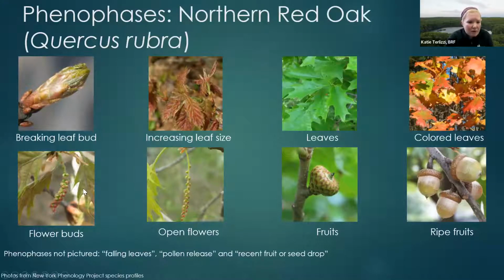So we wanted to try and make sure we got trees that would be producing acorns. And those are usually larger canopy trees. So you might be able to tell that these are very, very small. The flowers, these catkins, are maybe an inch, 2 inches at the most.